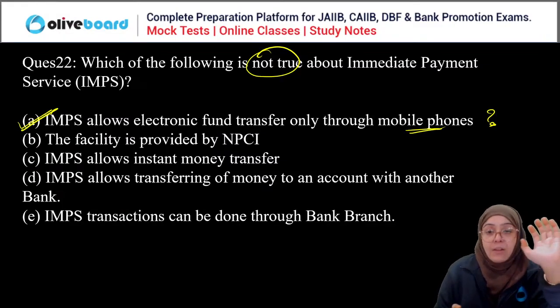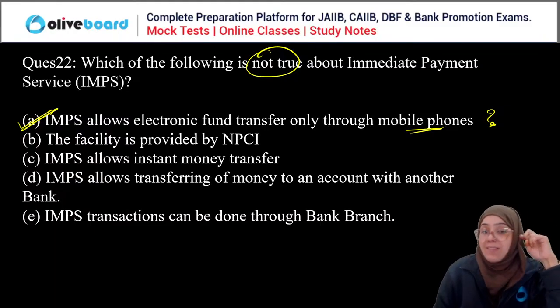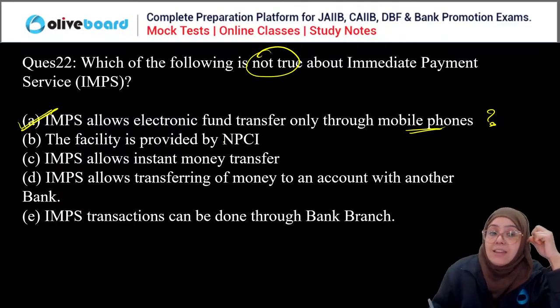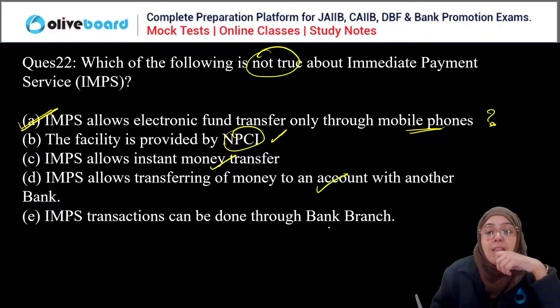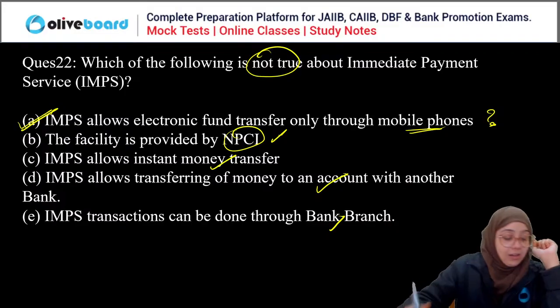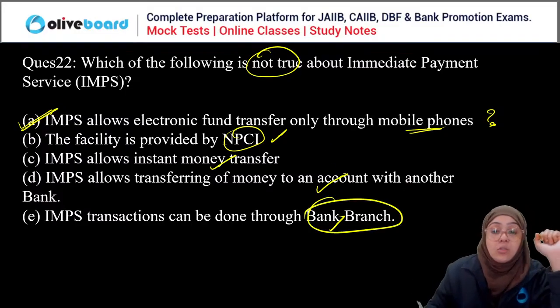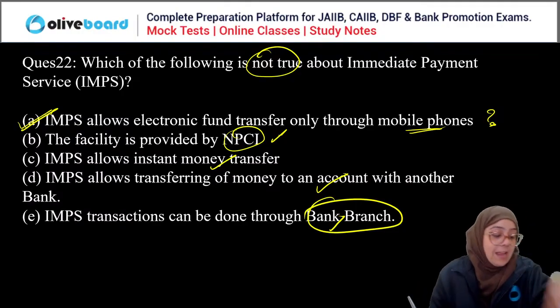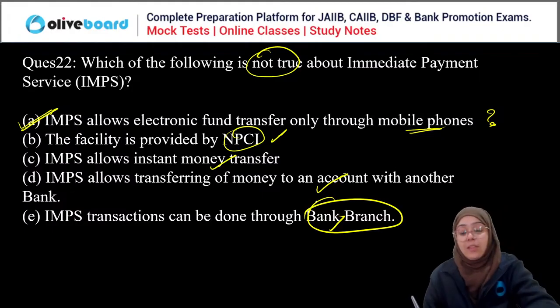By any app, or you can do it in the offline mode also by requesting the bank. Second, the facilities provided by NPCI, National Payment Corporation of India, instant money transfer from one account to another, and that can be done through the bank branches, right? So A is the incorrect statement here. No, no, IMPS can be done through the bank branches. There is nothing wrong in this, right?